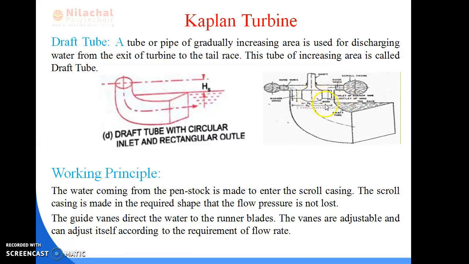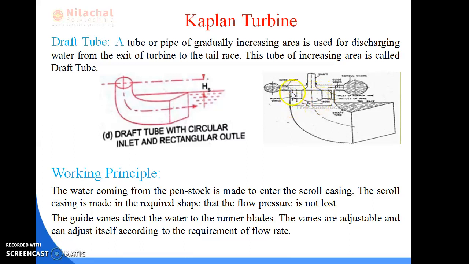So what is the flow area, and what is the discharge of water at the inlet? We have to find out by drawing a circle at the outer side of the blade, which gives the diameter of the runner, and there is a diameter of the boss.